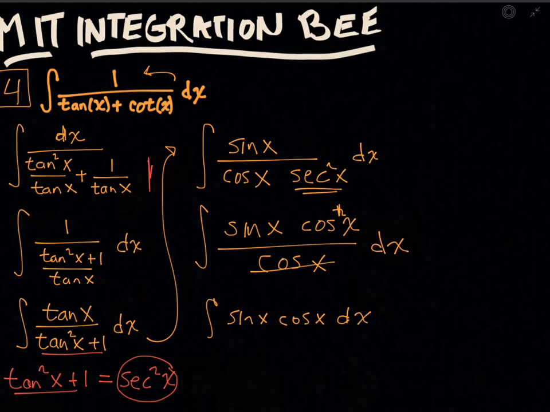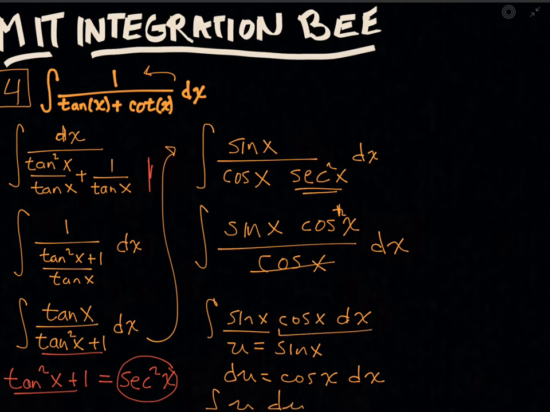And now we can just do a basic u substitution. We have u equals sine x, du equals cosine x dx. That makes our integral the integral of u du, right? So du is this right there, and u is the sine x.